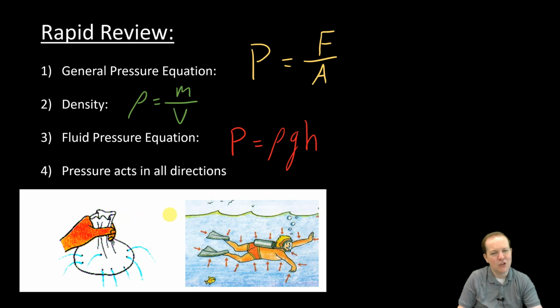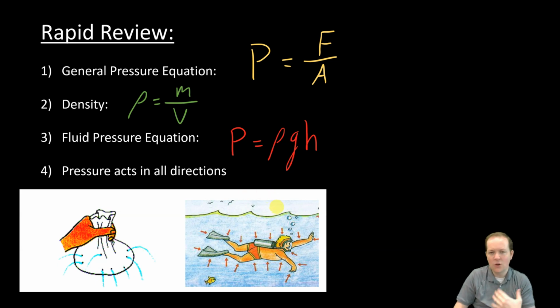There's a couple of cute little images that I found online. If you have a bag of liquid, maybe a plastic bag you filled up at the sink, and you start poking holes in it, there's pressure pushing on the water in all different directions, not just downward. If you have some holes above and on the sides, pressure is going to push out on all of them, because the particles keep hitting and bouncing and colliding and moving in all directions at once.